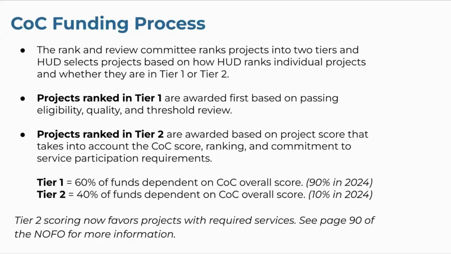So HUD is intending to make this a much more competitive NOFO with a higher percentage of projects that are going to be competing nationally for funding. There are also some new service requirements where there is prioritization for requiring services in tier 2. And you can find more information about that on page 90 of the NOFO.